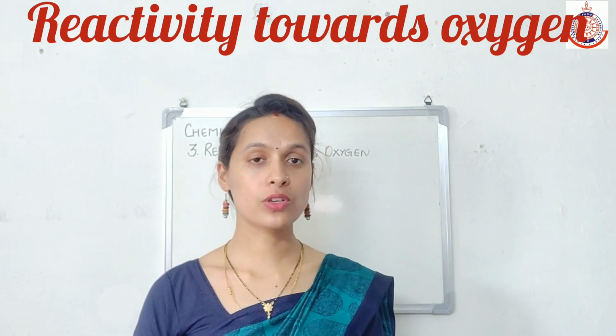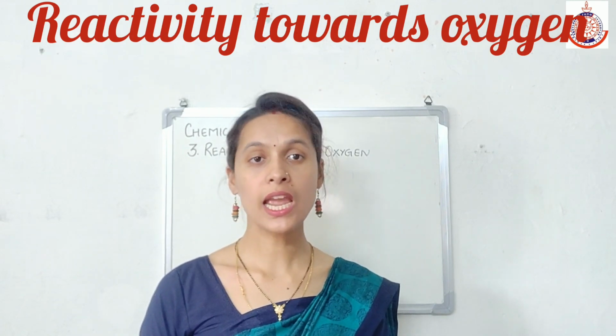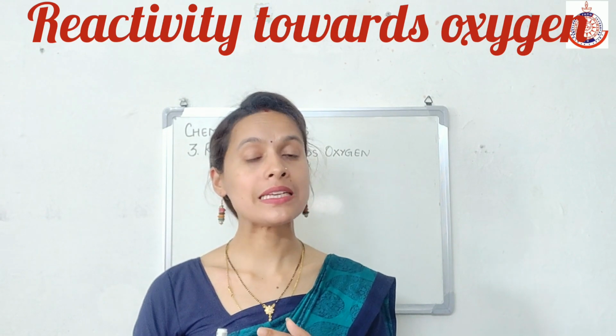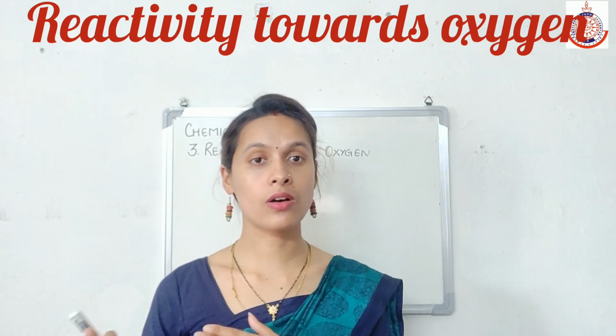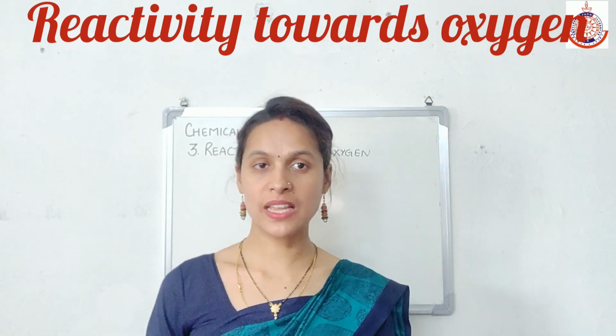Nitrogen reacts with oxygen very easily. Why? Because of its electronegativity and tendency to form p-pi bond, it forms a number of oxides of oxidation state ranging from +1 to +5.